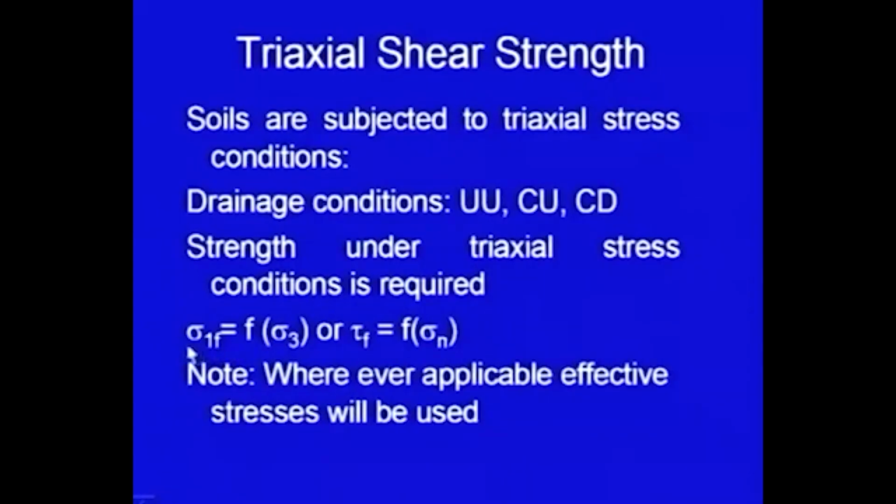In a nutshell, in terms of major principal stress and minor principal stress, we need the major principal stress at failure corresponding to a given confining pressure, or we may also need the shear stress at failure as a function of normal stress at the failure surface. And again, please note, wherever applicable, you have to use the effective stresses.